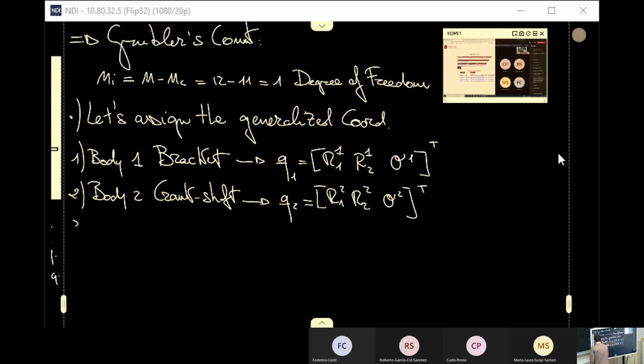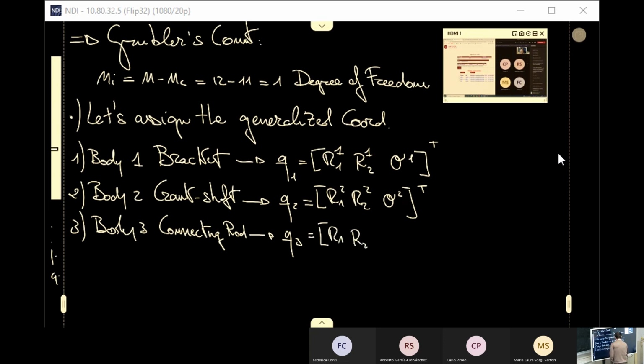Then we have body 3, and this is, let's say, the connecting rod. It's done like this. And then, of course, we have the fourth body, which is the sliding mass.